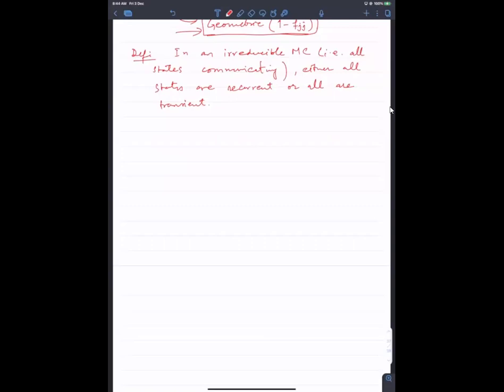So if I can divide the recurrent state into two cases, recurrent state for an infinite state discrete time Markov chain, this could be positive recurrent, which means कि indefinitely grow नहीं करती, or it could be null recurrent.